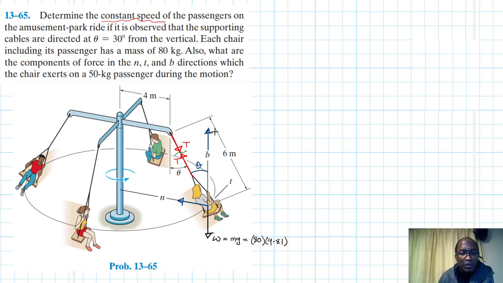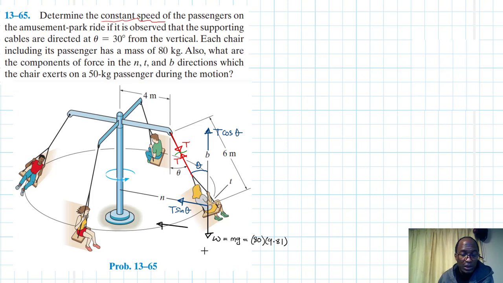Therefore, this becomes T cos theta, and this one becomes T sine theta. Then we have the kinetic diagram in this direction.